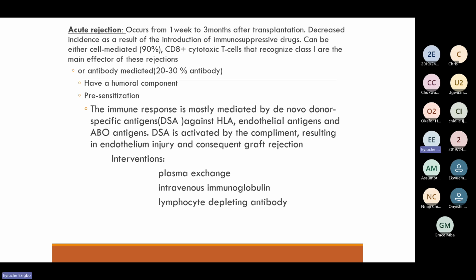So the recipients already have some antibodies specific against the HLA, so that when the tissue or organ is transplanted, it initiates complement fixation and the subsequent reactions that follow. This can be handled by plasma exchange, intravenous immunoglobulins, lymphocyte-depleting antibodies, and so on.